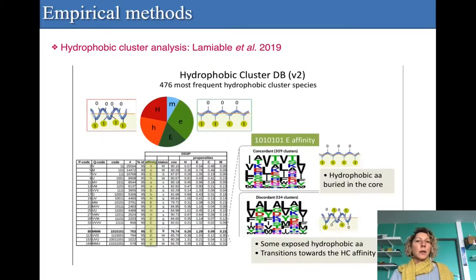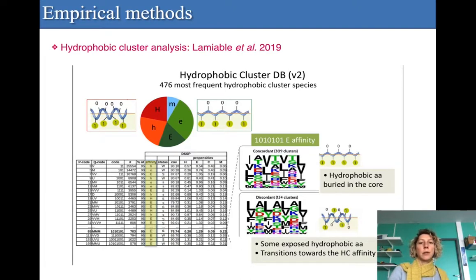Okay, so again on this, there's been a recent study providing a database of these hydrophobic clusters, so that's very interesting to look at to see what the most common types of clusters are. Also because this binary encoding of the clusters is very convenient, and there are a few observations that you can make.